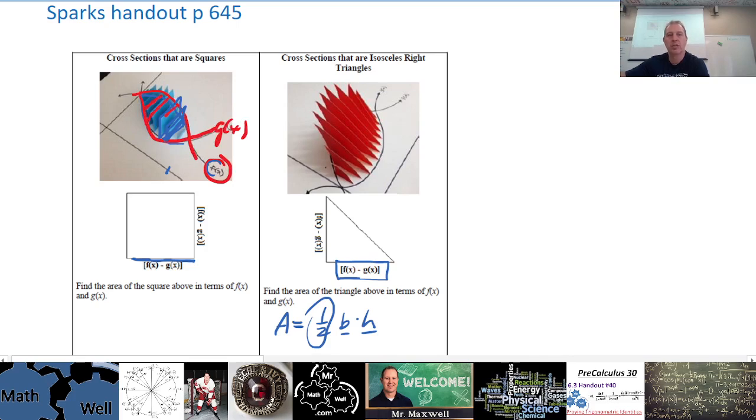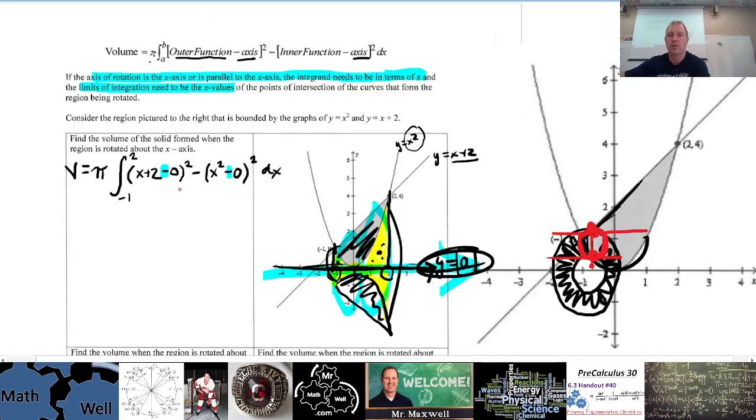This distance between there is f of x minus g of x. So that's the radius, really, that we're using for our solid of revolution now. That's why we have to subtract the upper function minus the lower function to find this area.